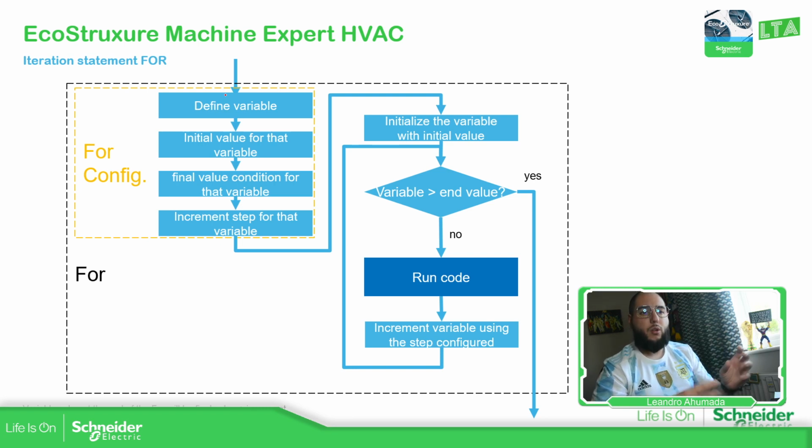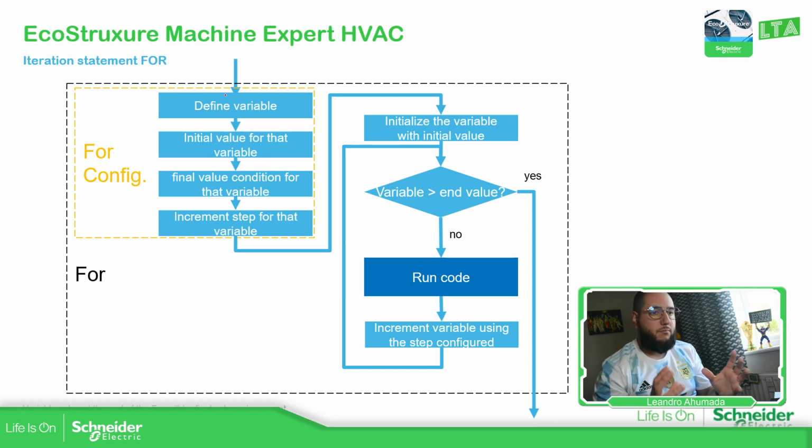So the idea is to have a variable that is going to be incremented n times so you can execute a code. We usually use the FOR, or at least I use it, when I work with arrays, so I can go through the array and see all the different elements of the array.